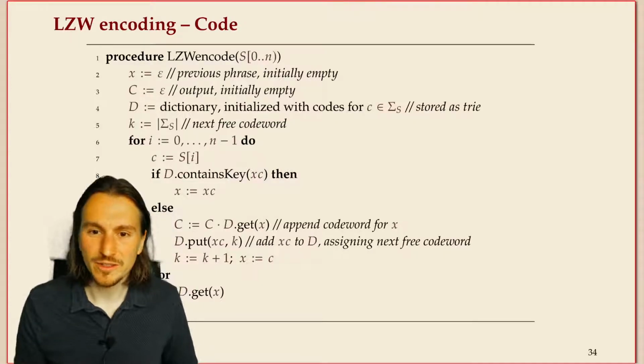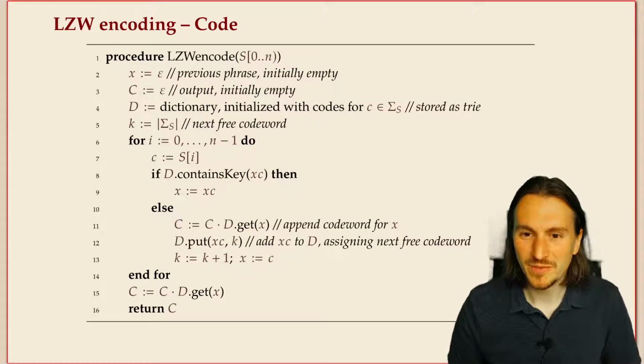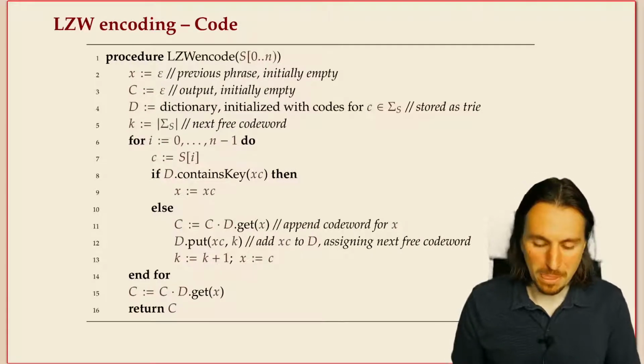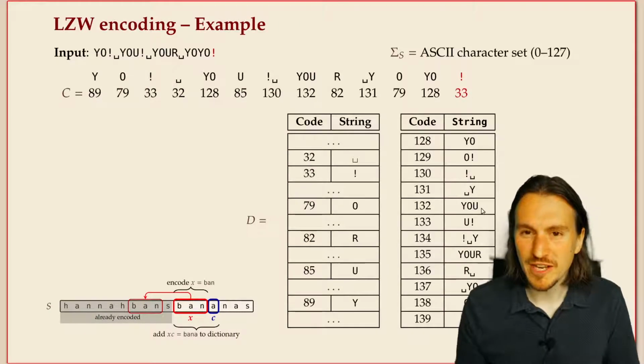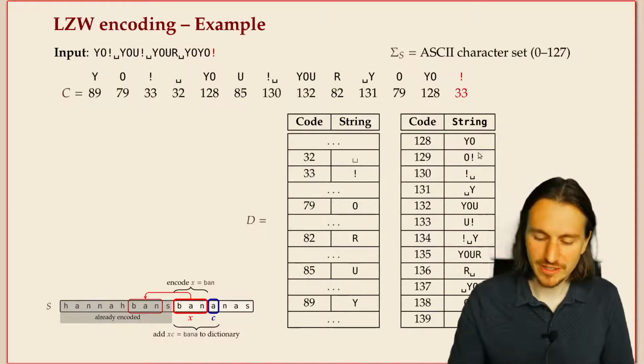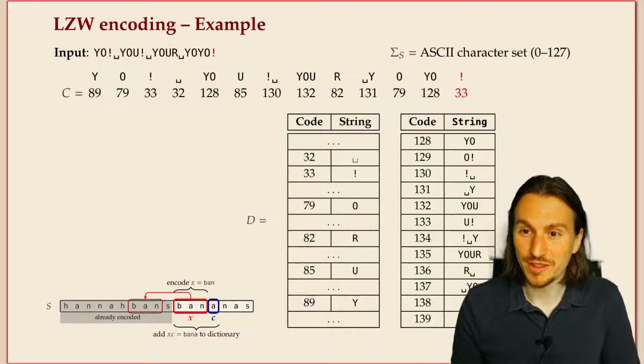Here's a more structured pseudocode, how this would be implemented. What I didn't talk about here is I did this manually, finding the longest match that's currently in our dictionary. But we know a good data structure for doing that, and that is a trie.